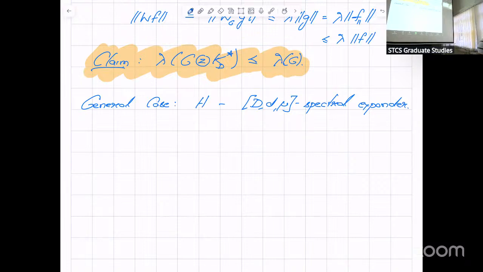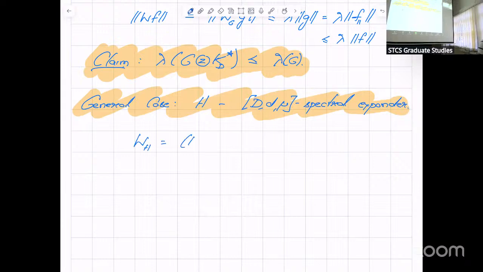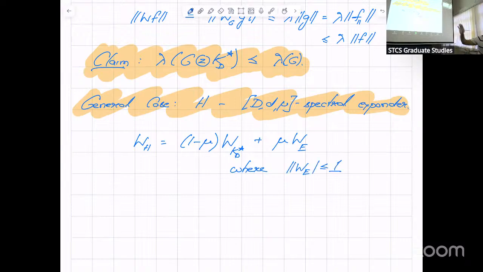We noticed a while ago, in fact, 2 lectures ago, that the random walk on H can be decomposed as 1 minus mu times the random walk on KD star plus mu times an error vector, where the norm of WE is always less than or equal to one. We can always decompose it this way. This was something we did last time.